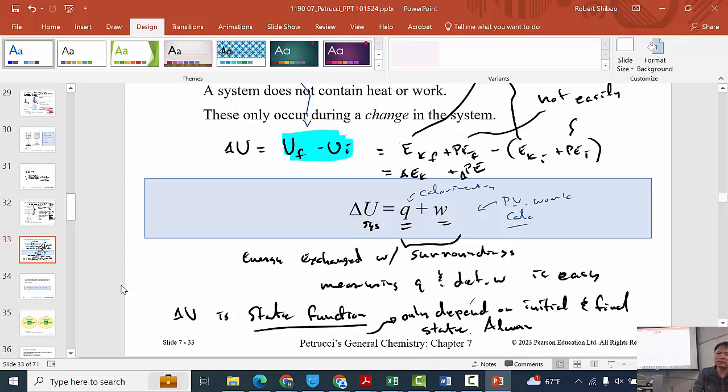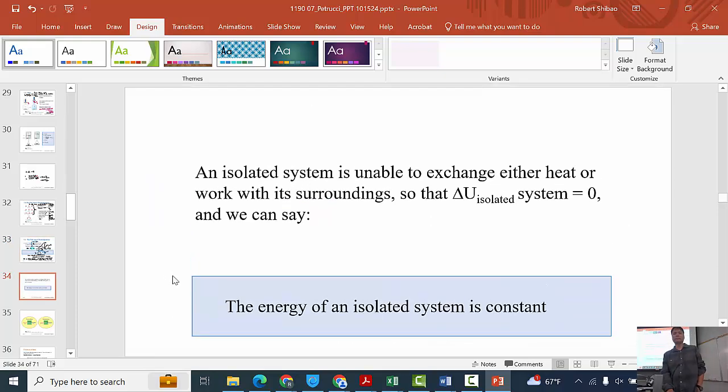That's the advantage of this. And so we can make predictions. For example, if we want to know delta U for a reaction, we don't have to measure it. We don't have to do calorimetry. We don't have to calculate the work. It's always the same. Somebody else did it, and if somebody else did it, we can just use it. We can just find the delta U values for a particular reaction and then use it.